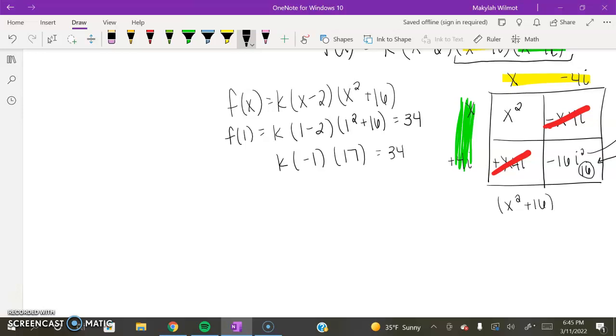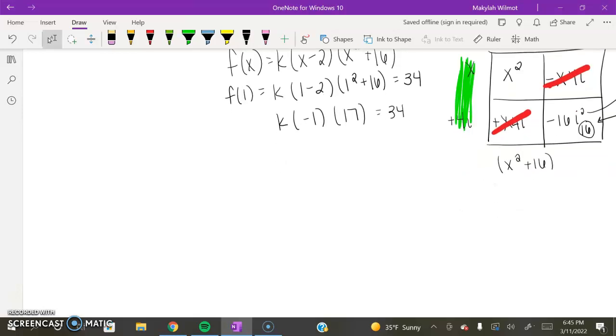And I just figured out my issue. Okay, I did do this right, and I just did my math wrong whenever I was working it out. So k times negative 17 equals 34.